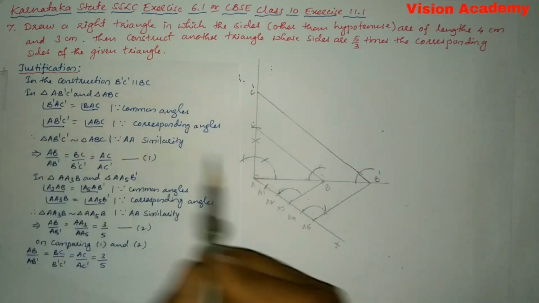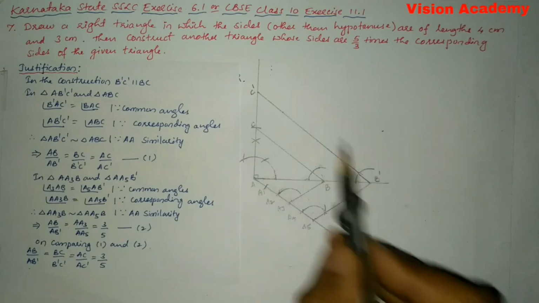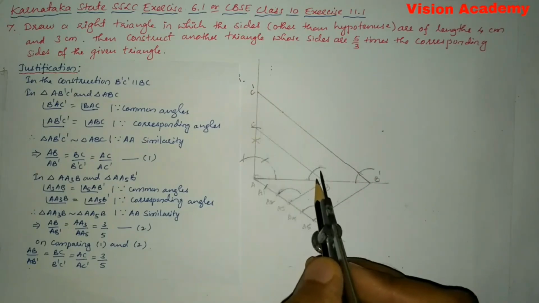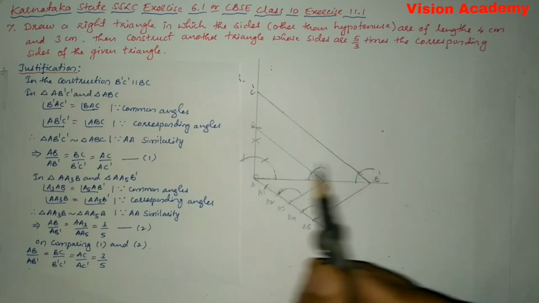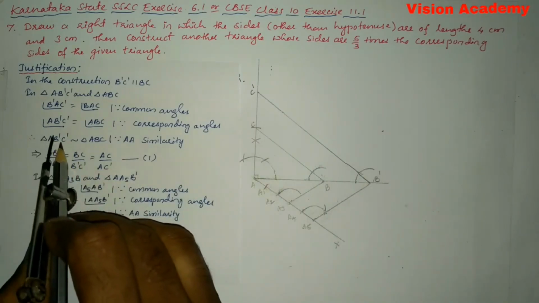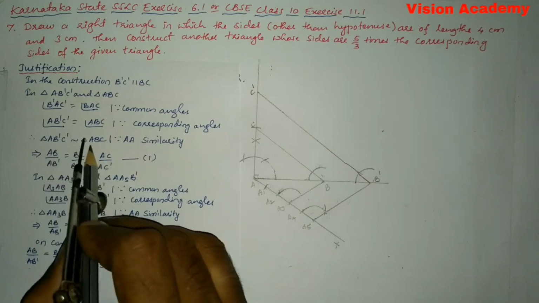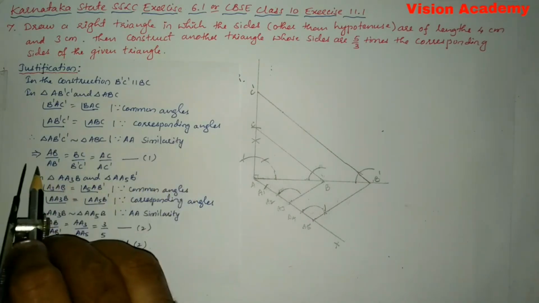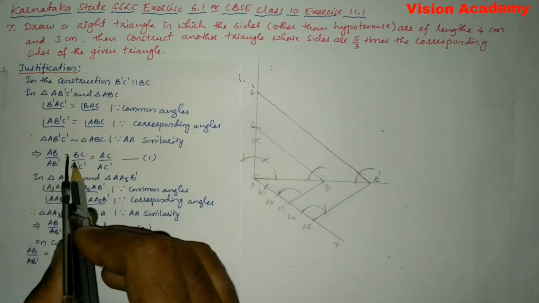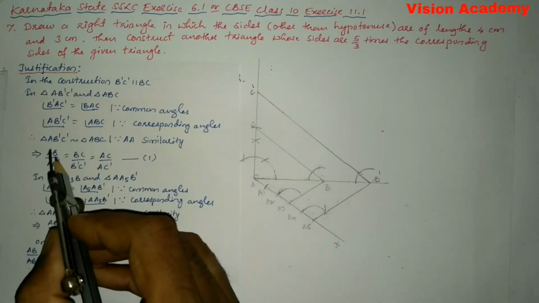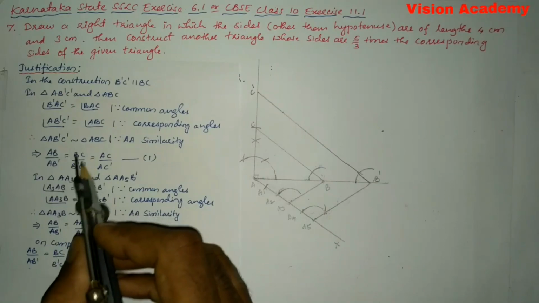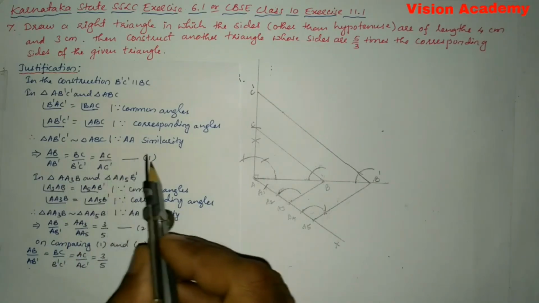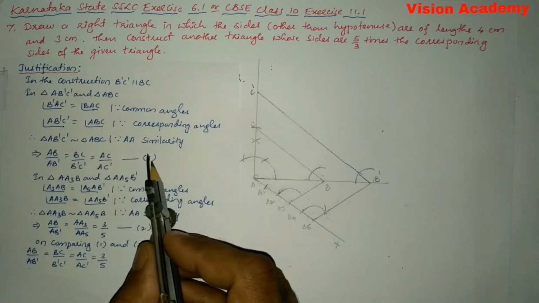Angle AB dash C dash is equal to angle ABC because both are corresponding angles. Therefore, triangle AB dash C dash is similar to triangle ABC by the AA similarity criterion. This implies that as per the basic proportionality theorem, AB by AB dash is equal to BC by B dash C dash, which is equal to AC by AC dash. Let us consider this as equation number 1.